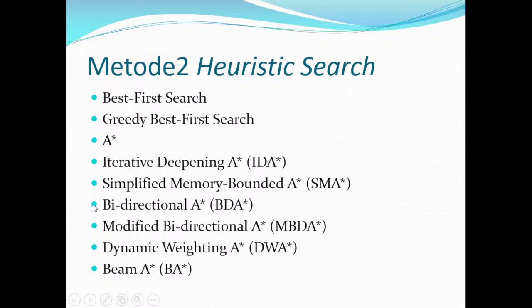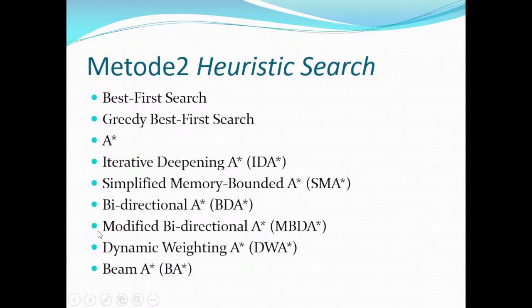The second one is bidirectional A star, which is almost similar to the previous bidirectional search, using A star as the base.